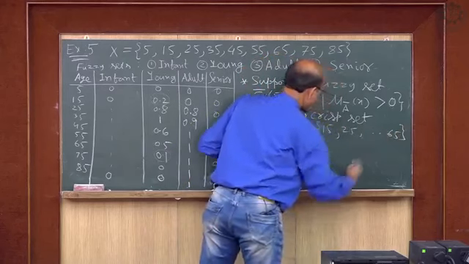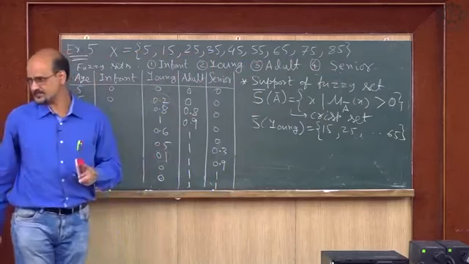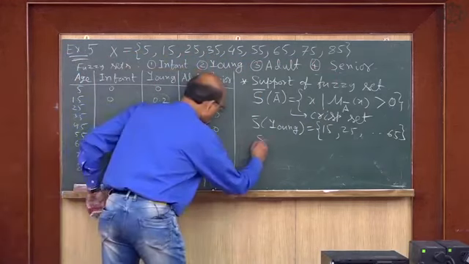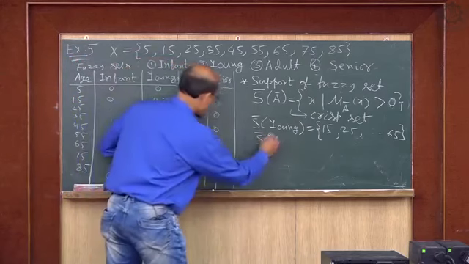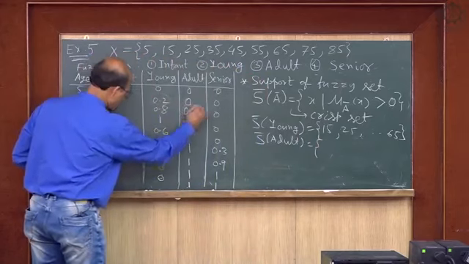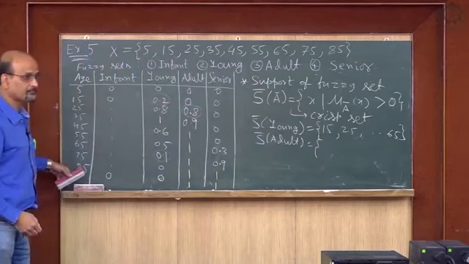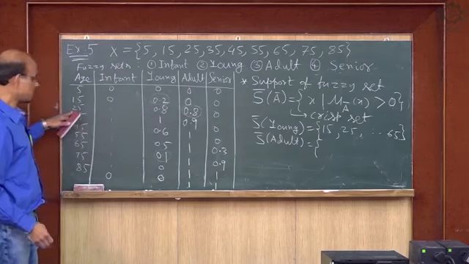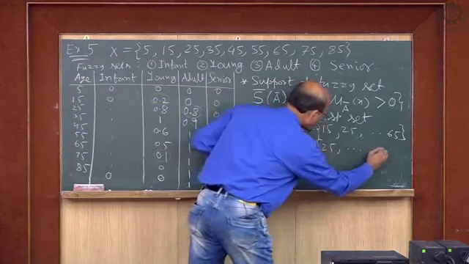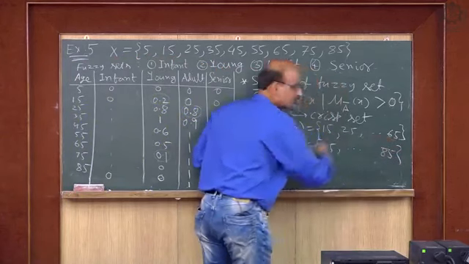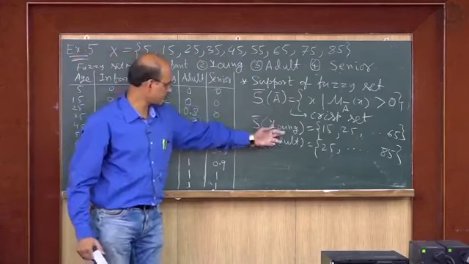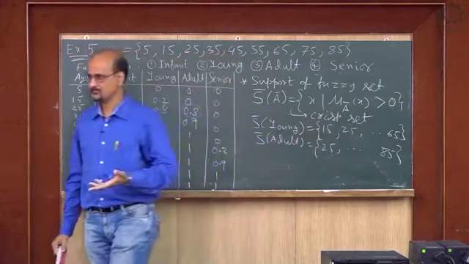This is the support of the Young fuzzy set. Understood? Similarly, if I find the support of adult, greater than 0, adult will start from 0.8 up to 85. So it is 25 to 85. See, this set is a crisp set. So the support of a fuzzy set is a crisp set.